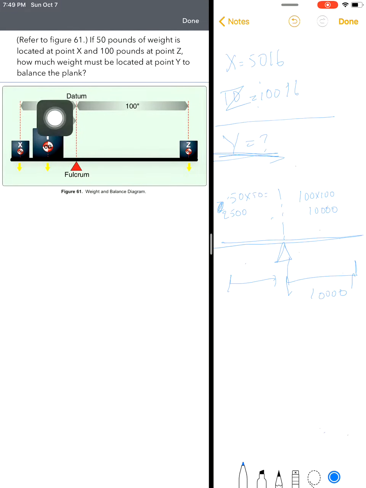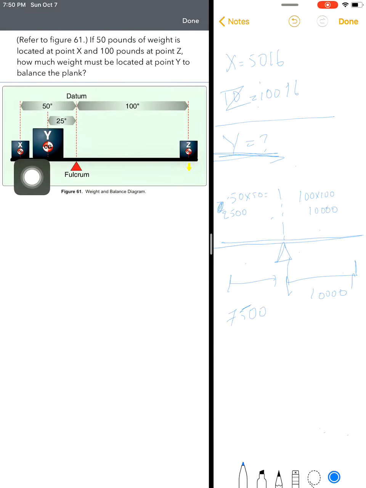So we only know that, and we don't know Y, but we know the distance, the arm. So we are short by 7,500 on this side.